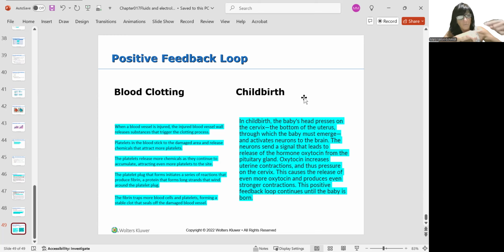And then a series of reactions happens with other things, messages and signals that get sent out, and the protein fibrin comes and wraps around it. And that's how it scabs and you don't bleed to death. The more fibrin, the more platelets. The more platelets, the more fibrin. And that's how you clot. All right. Positive feedback. Pretty easy. Make sure you understand that.